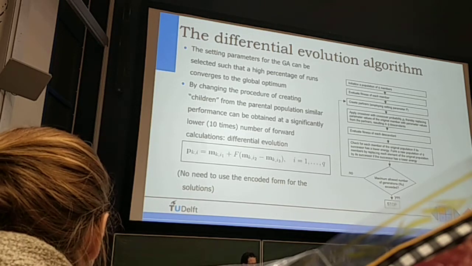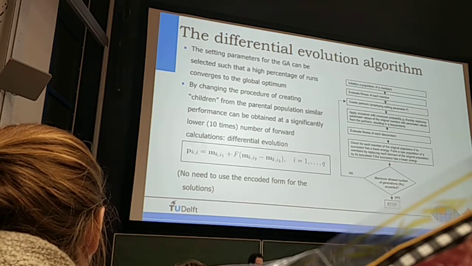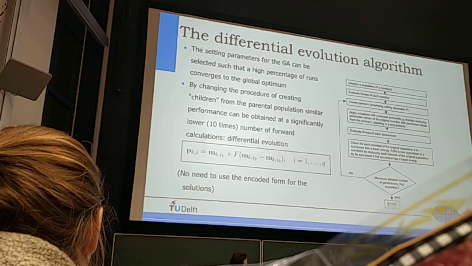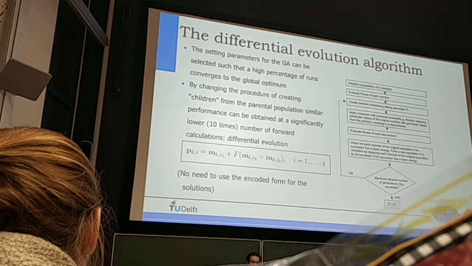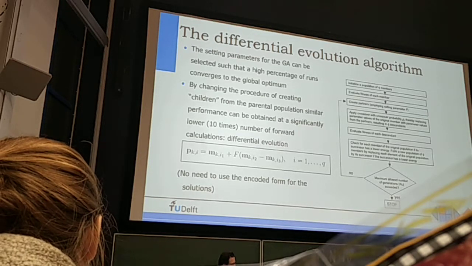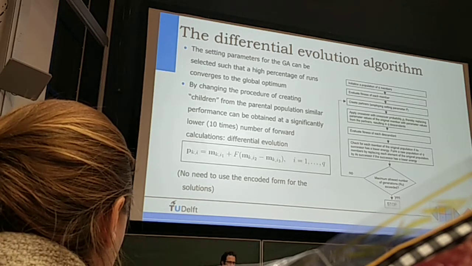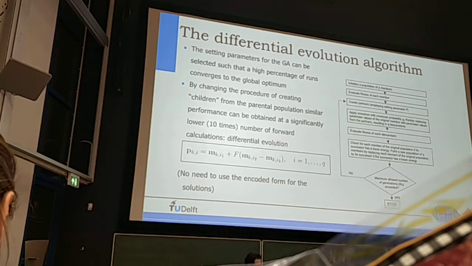However, especially, you can actually have a higher percentage converge. The convergence is better with the differential evolution algorithm. It's not discussed in the book, by the way, but what's changed is the procedure of creating children. You do that in a much better way, so you actually converge to an optimum solution much better.